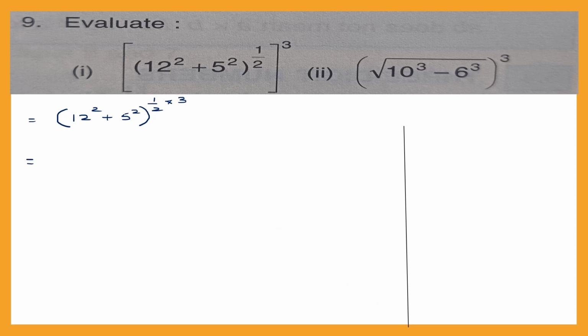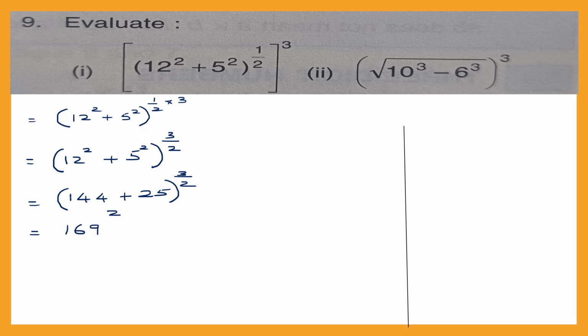So this is equal to 12 square plus 5 square raised to the power of 3 by 2. How much is 12 square? 12 square is 12 into 12, 144, and 5 square is 5 fives are 25. So this is raised to the power of 3 by 2. This is equal to 169 raised to the power of 3 by 2. Now to solve this, let's rewrite 169 as a perfect square.